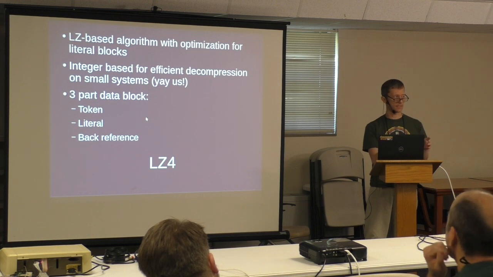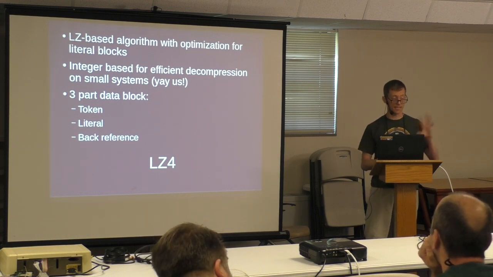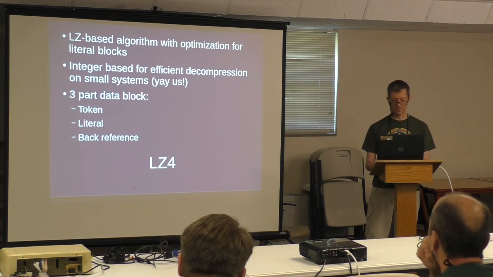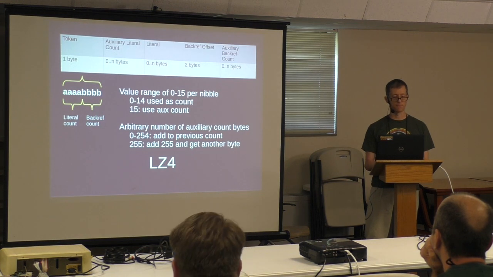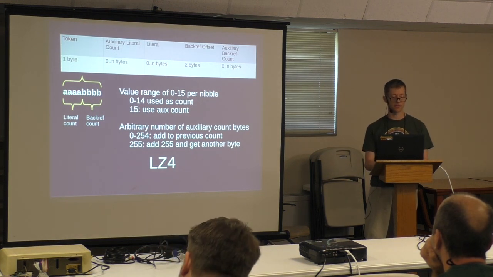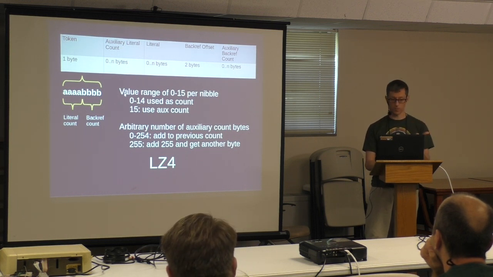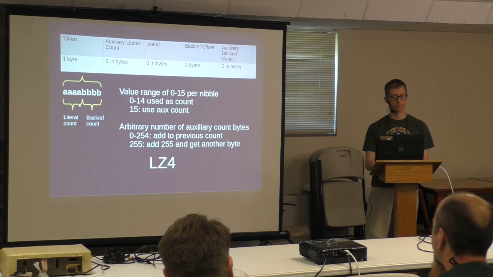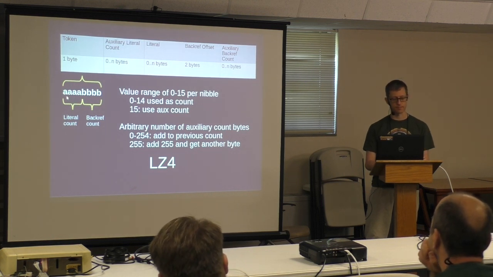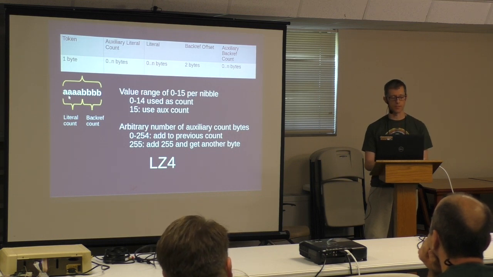It can encode things that it's not seen before as literals, and then stuff that it has seen in the past with a variable width and distance away. So how it works is it has a single byte. And what makes this work for the 6502 is it's small and there's no bit shifting. Well, it's not technically, there's a little bit of bit shifting, but they don't use bit values in the output data.